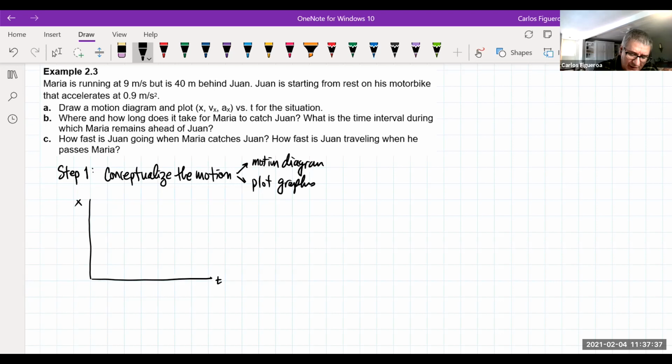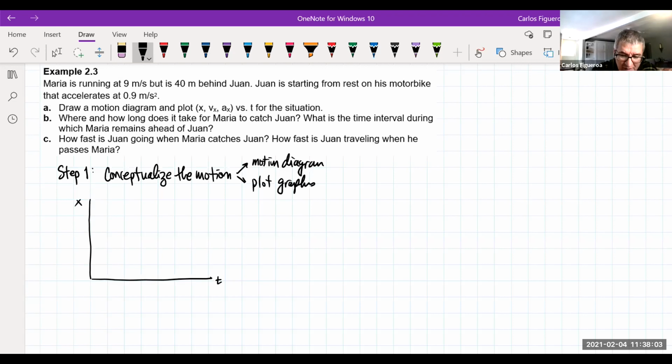Note that with Juan, they go out of the way to tell you that he accelerates. The fact that they don't say anything about Maria tells you that Maria is more likely doing what? Running at constant velocity.